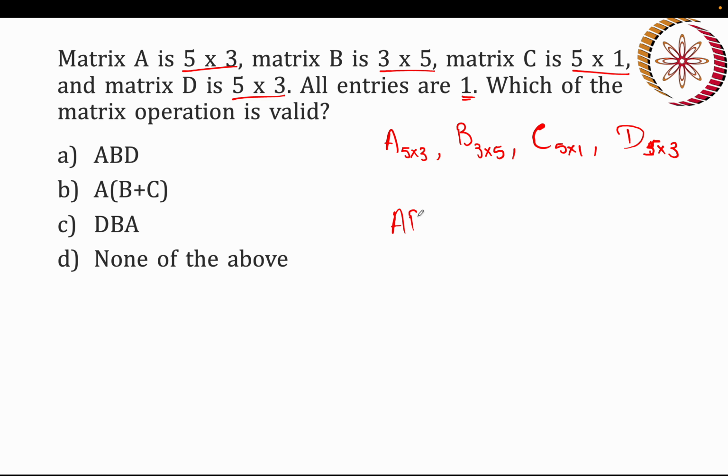If we take ABD, you can see that A is 5 cross 3, B is 3 cross 5, and D is 5 cross 3.